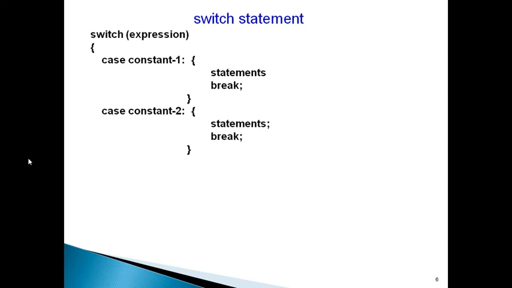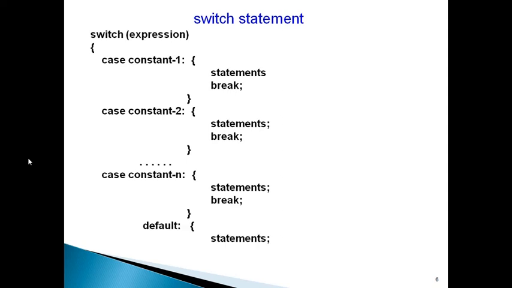If case 2 also does not match, it goes to case 3. Like this, if there are n cases in your switch statement, it compares n case constants. If none match, it executes the last default case, and that is the end of the switch statement.